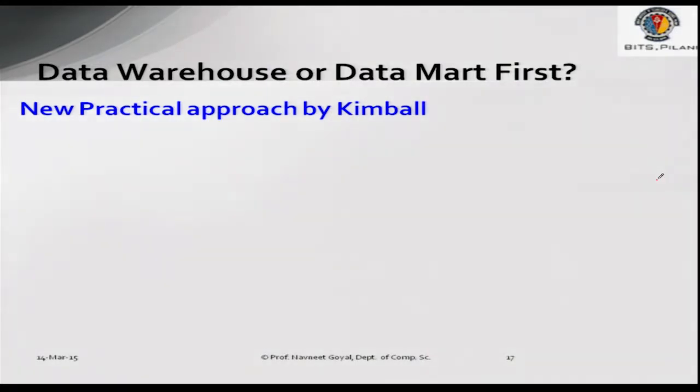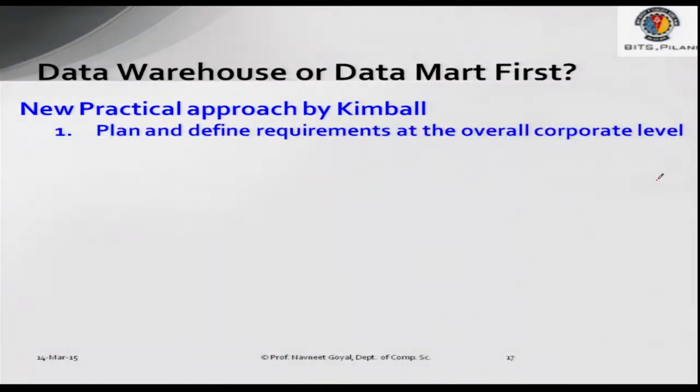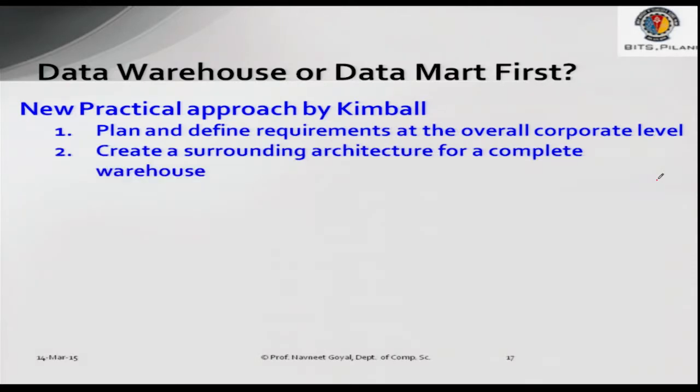So Kimball proposed a new approach, and I'm going to talk about that. Plan and define requirements at the corporate level. So that's the first thing. That's the horizontal part. Create surrounding architecture for a complete warehouse.